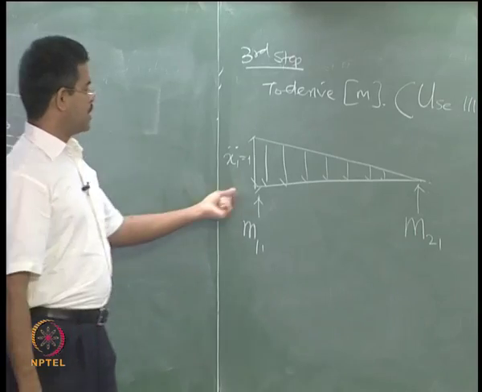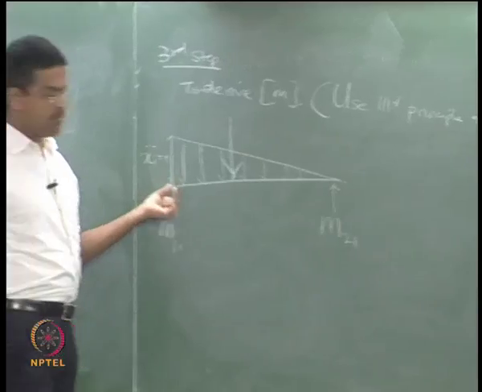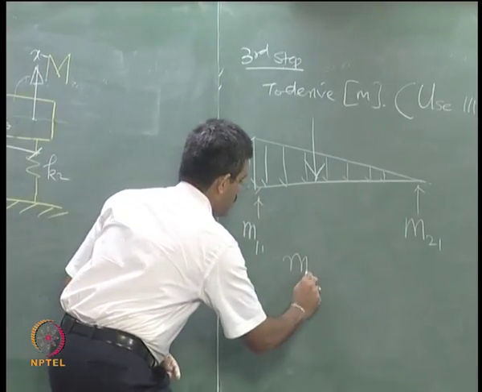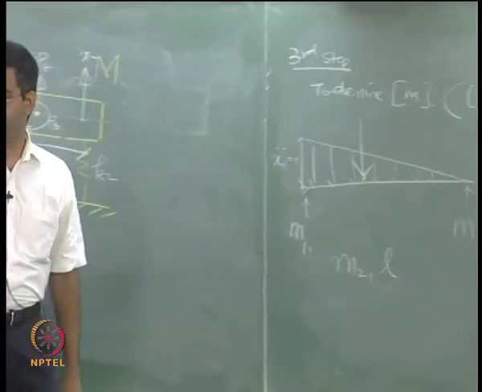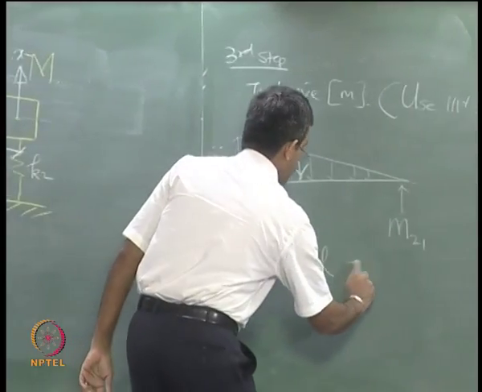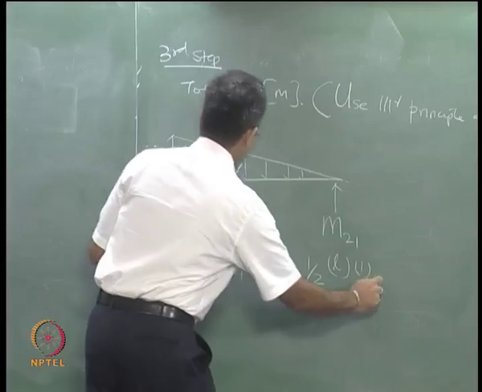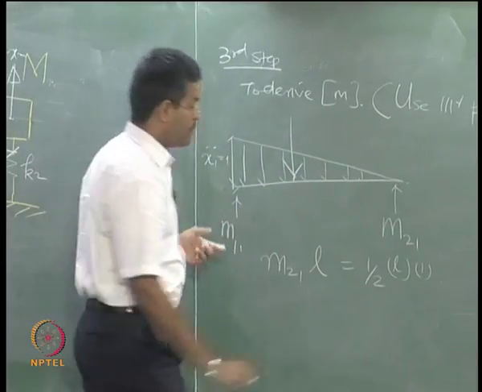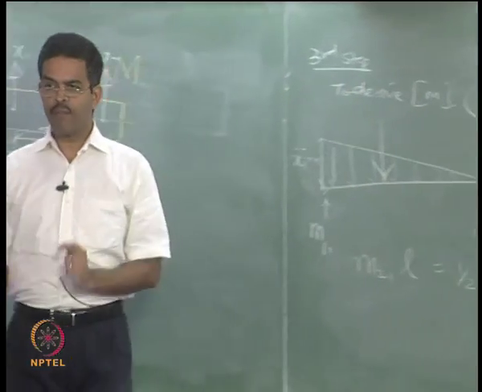So let me take moment about this point. This is going to act down. So M21 of L will be half L height of M by L. I am finding out M per unit length now.